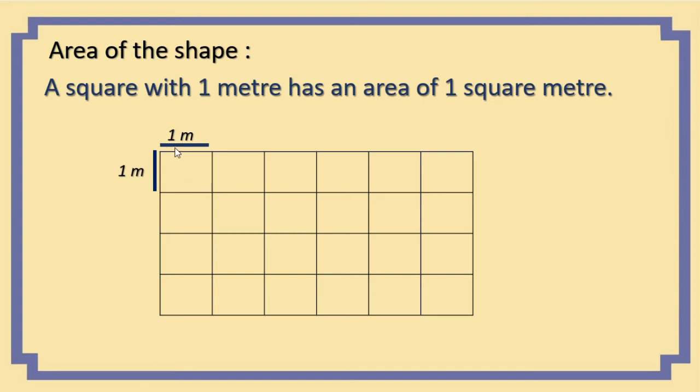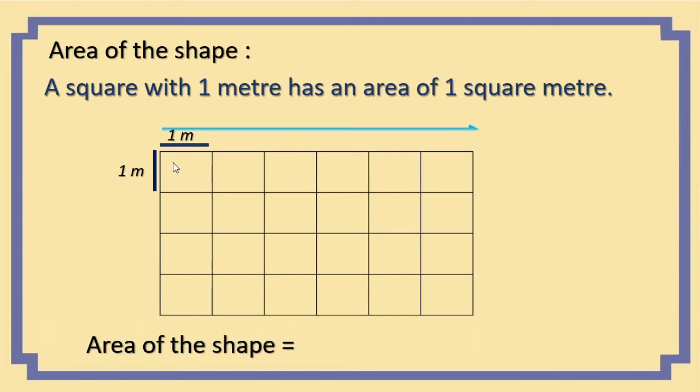Okay, now we have this much big figure. So here we will write, see this, 6 meter because 1, 2, 3, 4, 5, 6. 6 squares are there. So this is 1 meter, 2 meter, 3 meter, 4 meter, 5 meter, 6 meter. So the length is 6 meter.